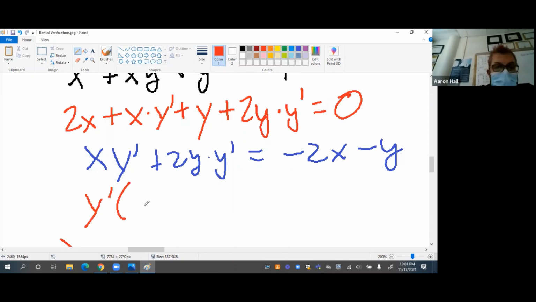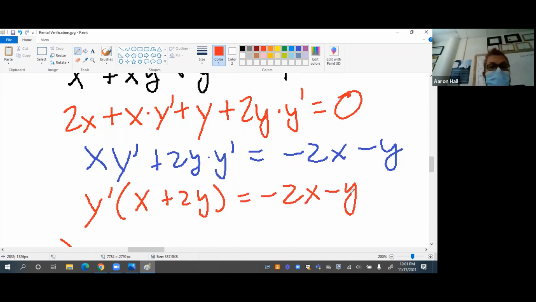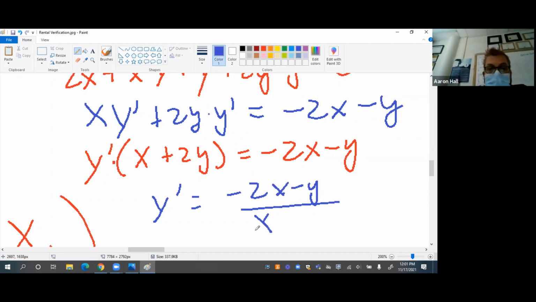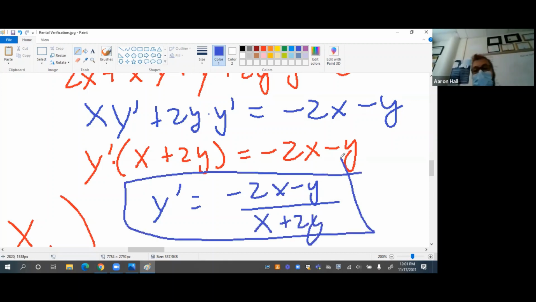Y prime times x plus 2y equals negative 2x minus y. Now what? This is times. Yeah, so I have y prime equals negative 2x minus y over x plus 2y. Thomas, does that look right to you? Yeah. Okay. What is this tool called? Implicit differentiation.